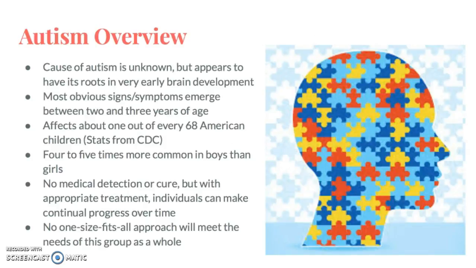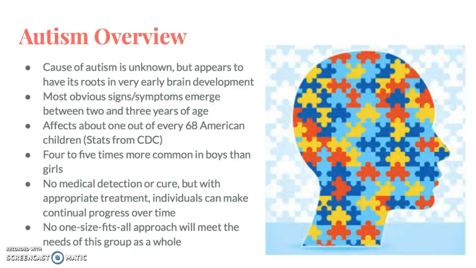The cause of autism is unknown, but it appears to have its roots in very early brain development. The most obvious signs and symptoms usually occur between 2 and 3 years of age. It affects about 1 out of every 68 children, according to the CDC, and boys are 4 to 5 times more likely to be autistic than girls.